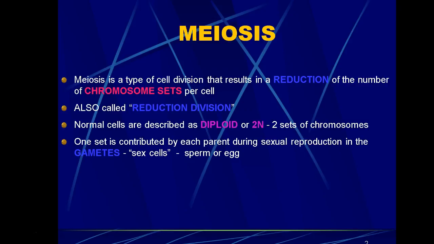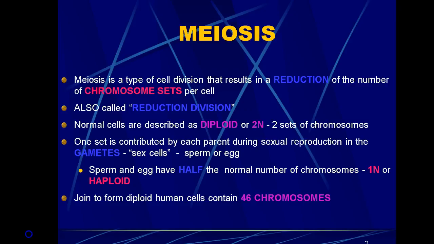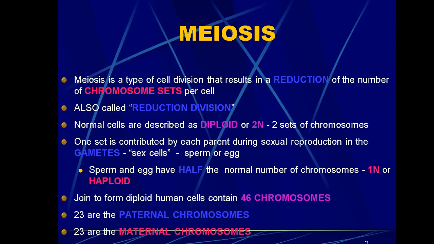When producing sperm cells, or a secondary oocyte, what we call an egg, though it's officially not an egg until it's been fertilized, it has to have half of the genetic material, so that when the two meet, that's when you form a diploid organism. They join to form 46 chromosomes. That is 2N, 2 times 23: 23 paternal chromosomes and 23 maternal chromosomes.